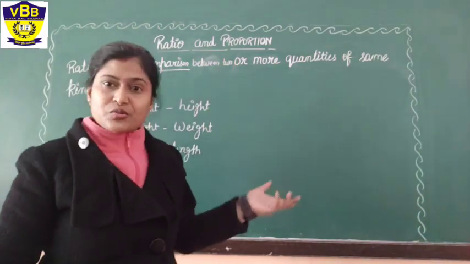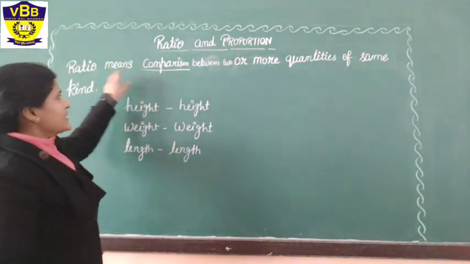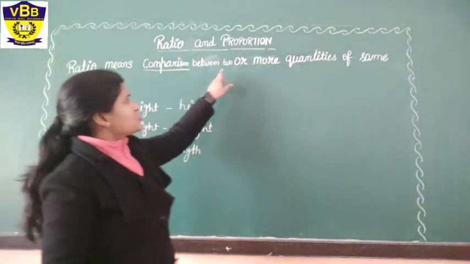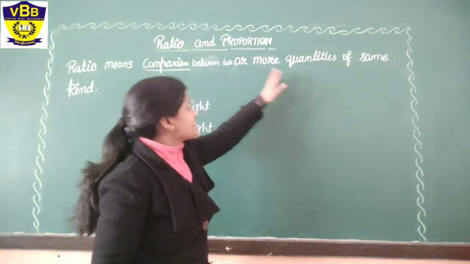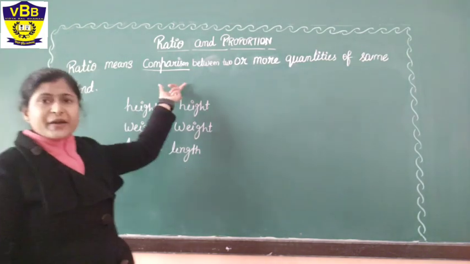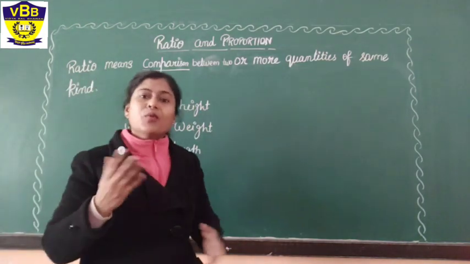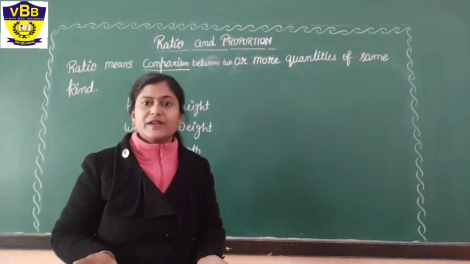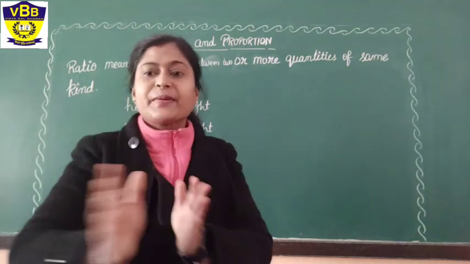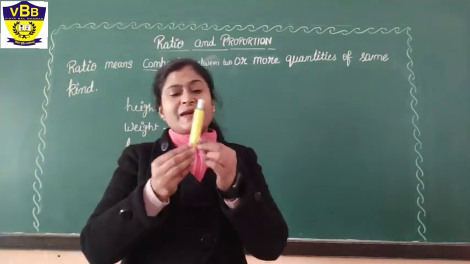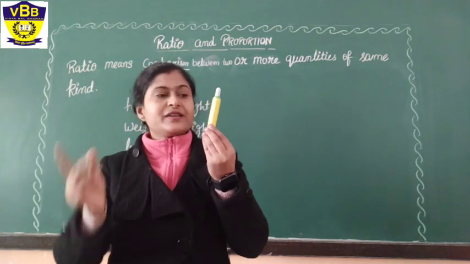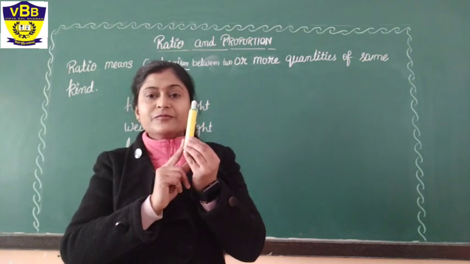What is ratio? Ratio means comparison between two or more quantities of the same kind. Comparison always needs two or more quantities, as you know very well, because we can't compare in one quantity. If I am saying this is my chalk holder, can you compare with one quantity?